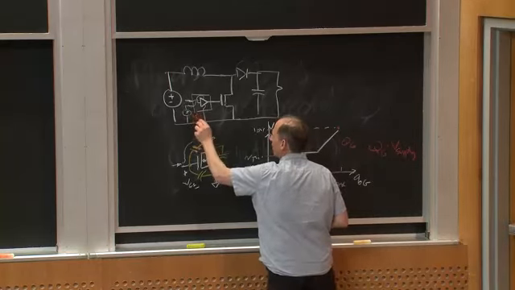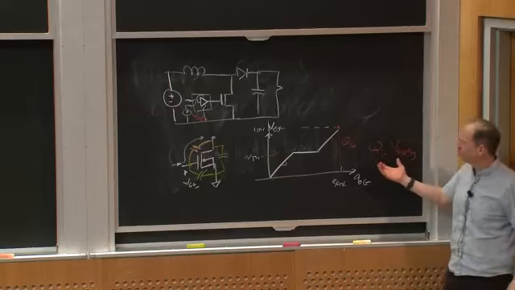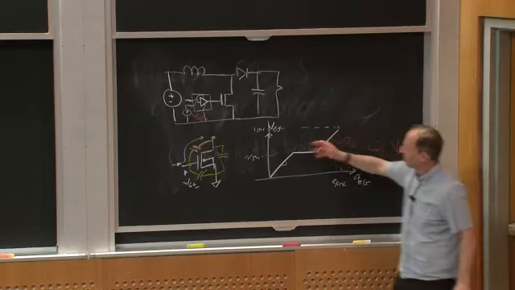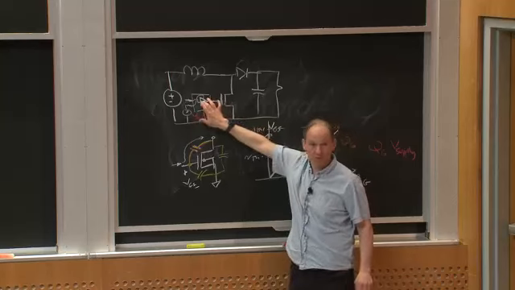If I wanted the power dissipation, that's how much I lose. Some of that energy goes to charging the gate, some of it gets dissipated in the resistors here. We talked about that when we talked about switch capacitor supplies.